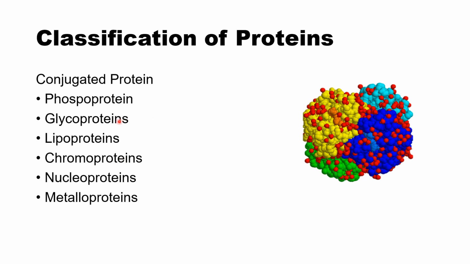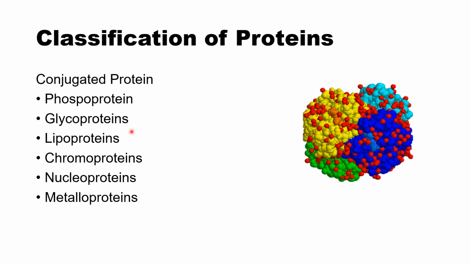You have phosphoprotein, a protein that yields phosphoric acid and amino acids. The best examples of phosphoprotein are the casein of milk and egg yolk.